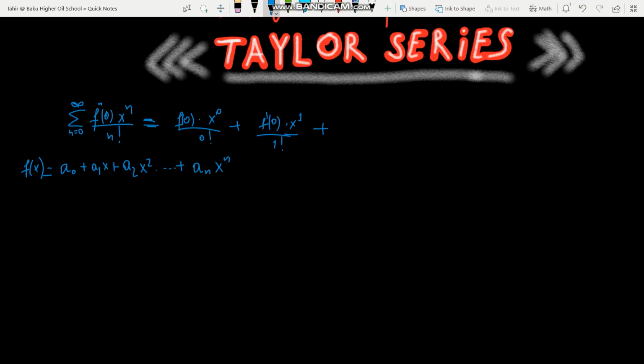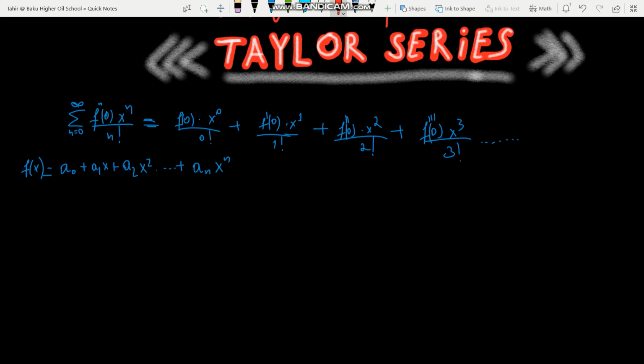And let's write it for other terms and try to analyze it, because to prove this theorem mainly intuition is used, and it is called that this theorem is intuitively proven. Let's write it for another two terms: f0 double dash x to the power 2 divided by 2 factorial, plus f0 triple dash x cubed divided by 3 factorial, and this continues the same way.